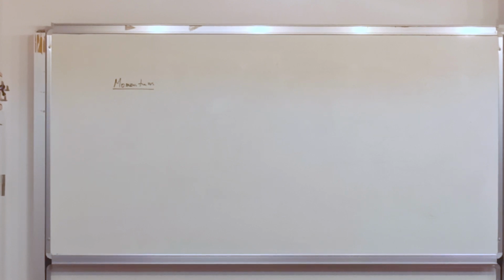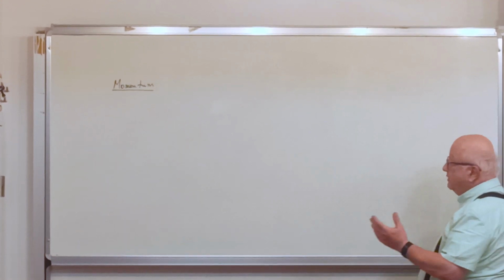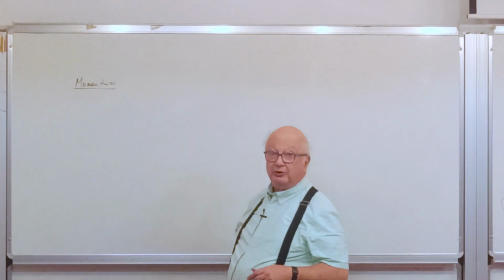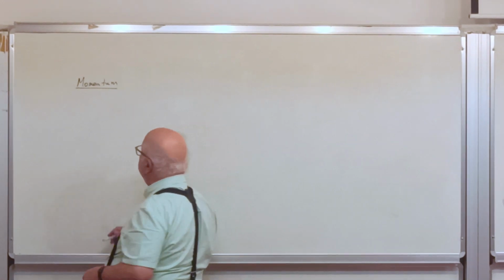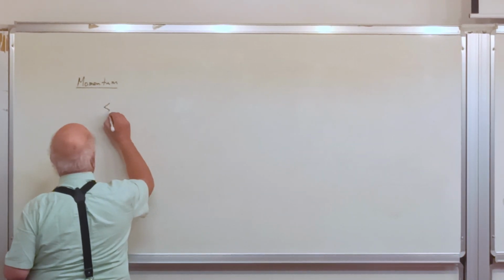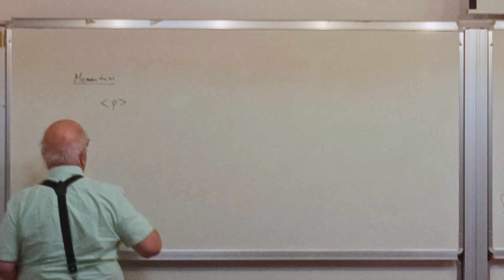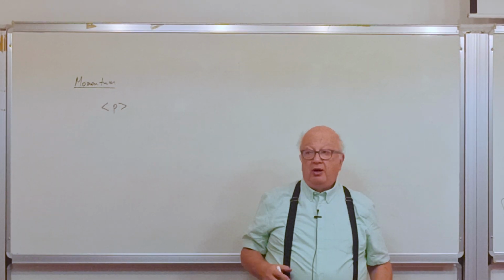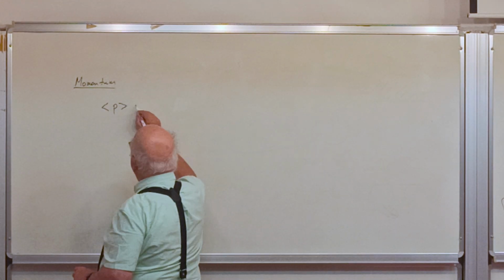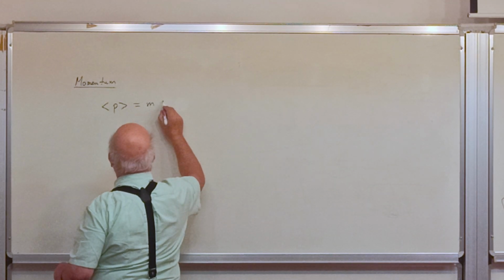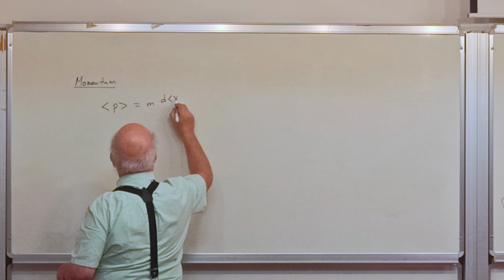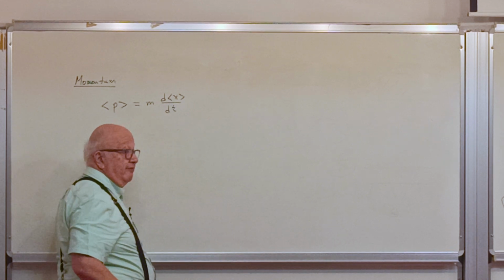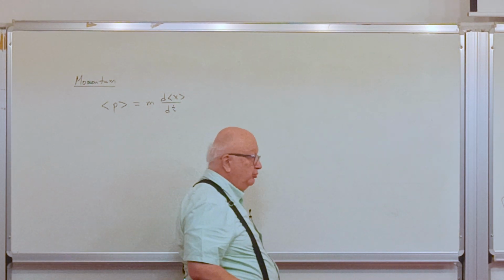And the way we are going to identify momentum in this theory, at least using this methodology, is to say that, okay, let me define some expected value of momentum, and that is going to be mass times the change in the average position of the particle.